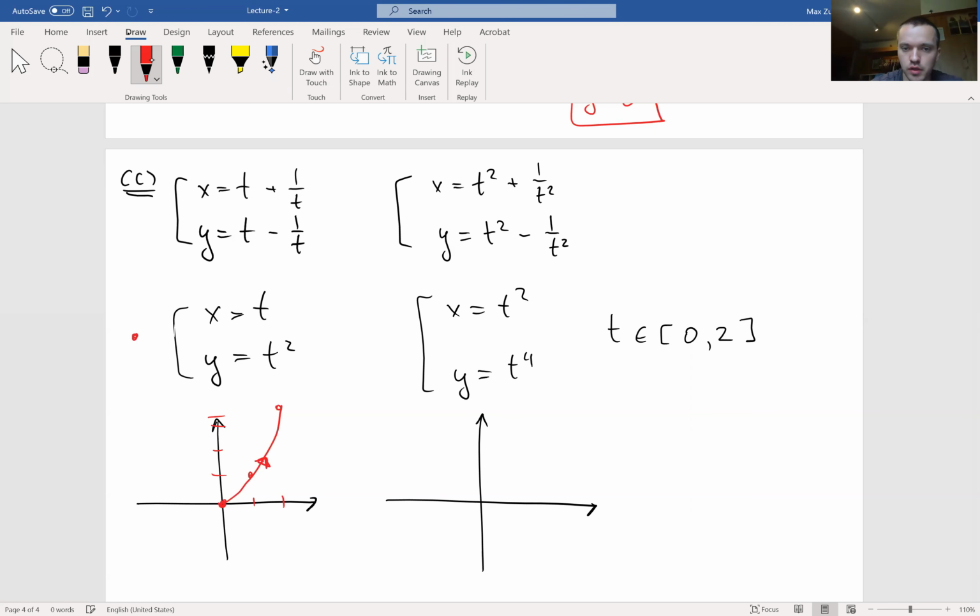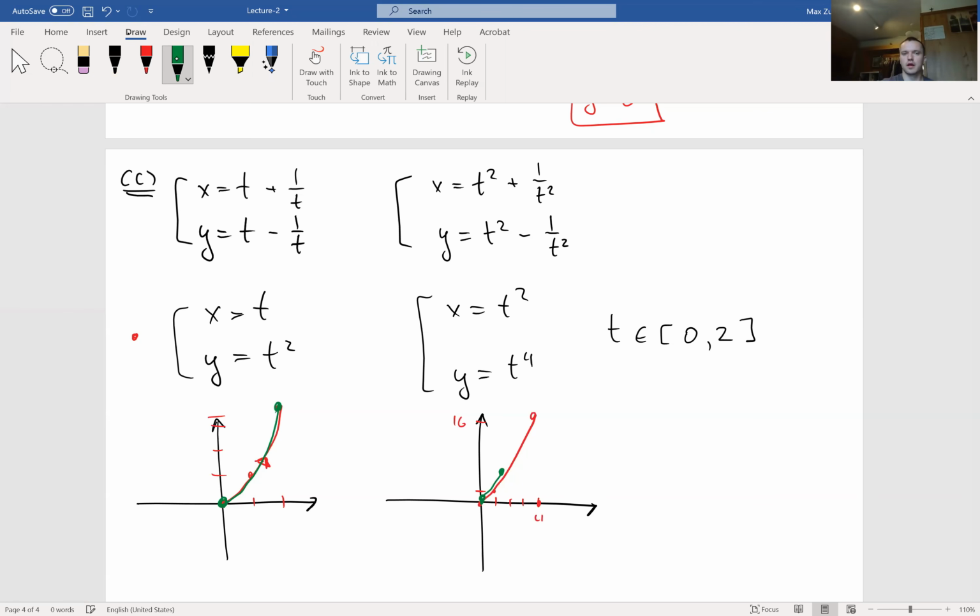For the second one, I have 0, 0, good; 1, 1, good. When t is 2, x is 4, and then y is 4 times 4, 16. So if your first graph, let's say I use green, looks like this, then for the second parameterization this is going to be the difference.